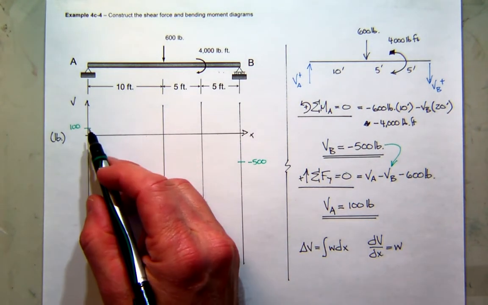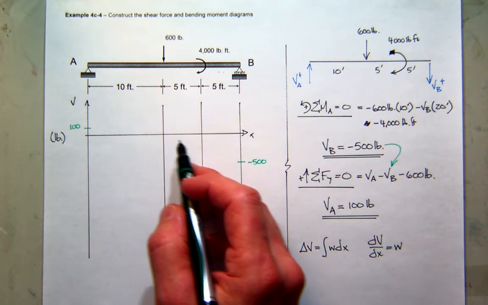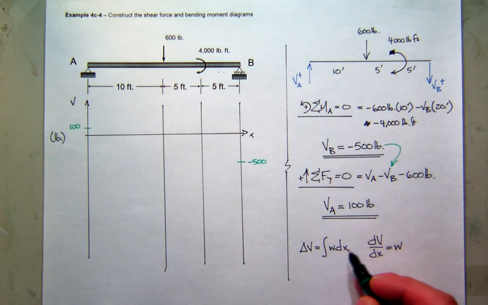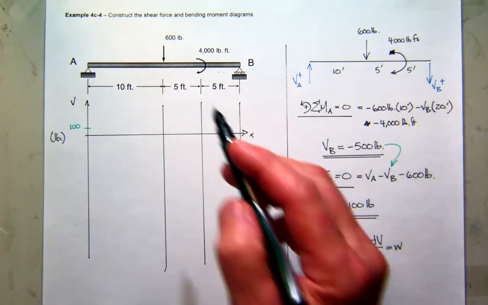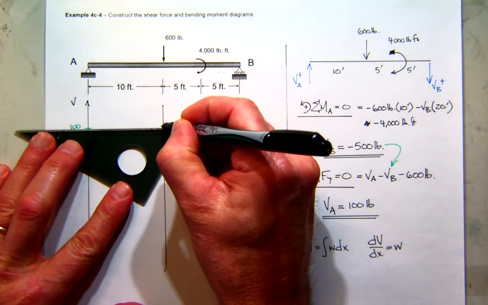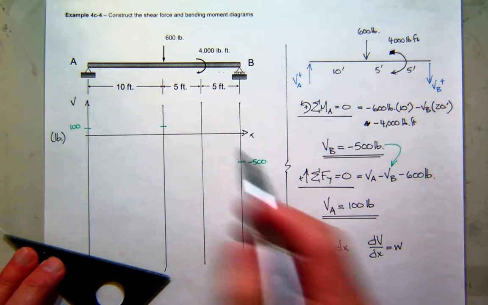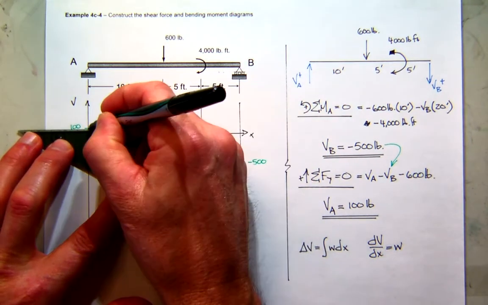So the change in shear between A and 10 feet should be what? The area of the load curve. And the area of the load curve from 0 to 10 is 0. No change. The slope of that curve is given by the load, and the load is 0. So 0 slope, horizontal line.